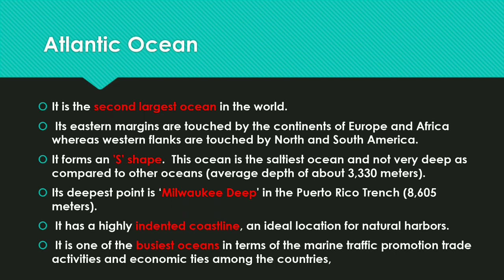This ocean is the saltiest ocean, which means it is very saline. There is a large quantity of salt present in the water, and it is not very deep as compared to the other oceans. Average depth is 3,330 meters.